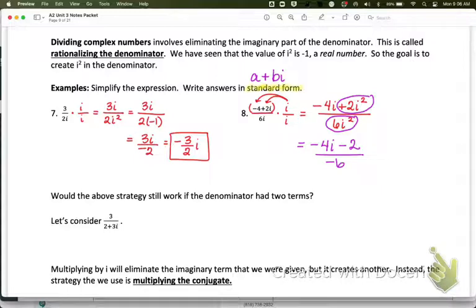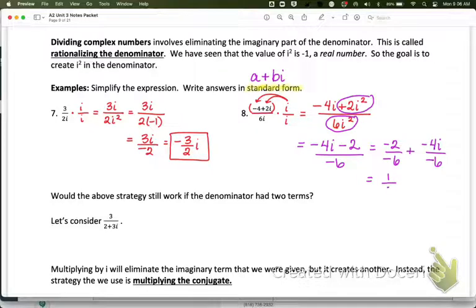So what we need to do is split this fraction apart with a common denominator, and also put it in the order so that the i's come last. So I'm going to reorganize this to be -2 over -6 plus -4i over -6. And then I'll simplify where I can.